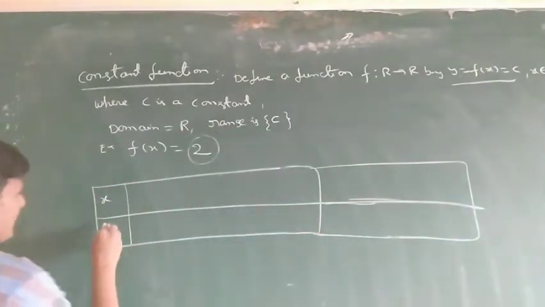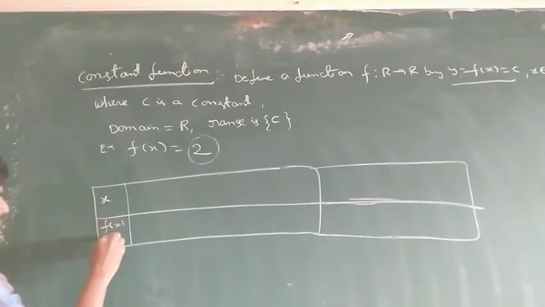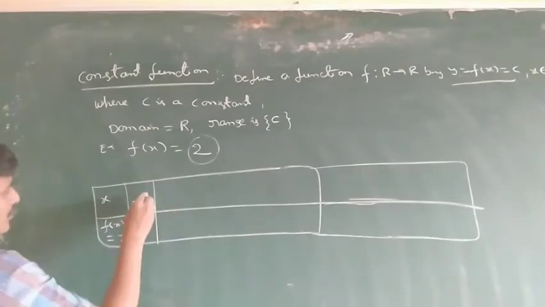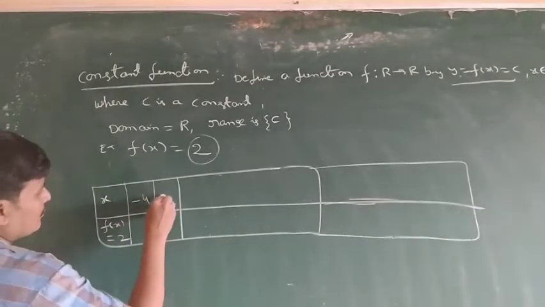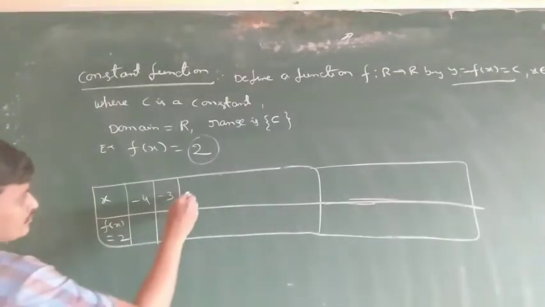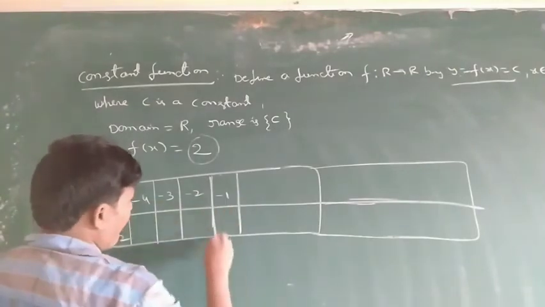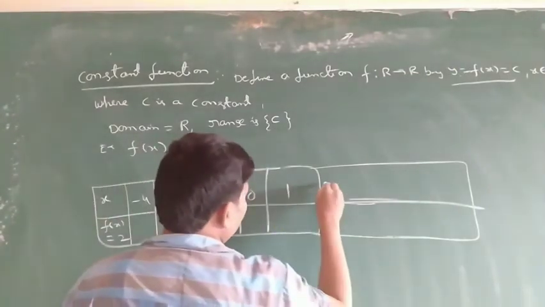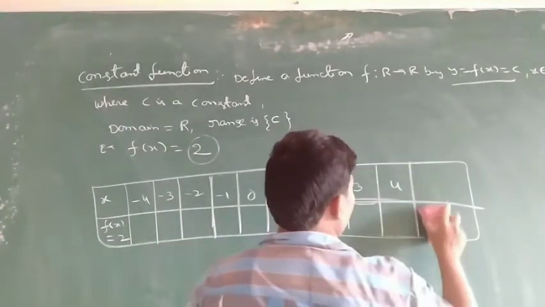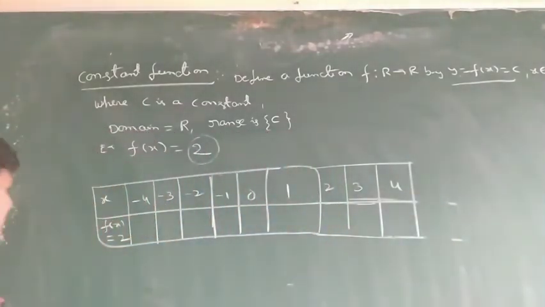Take x values: minus 4, minus 3, minus 2, minus 1, 0, 1, 2, 3, 4, up to 4, for example, and f of x is equal to 2. So x is equal to minus 4 means f of minus 4 is also 2.